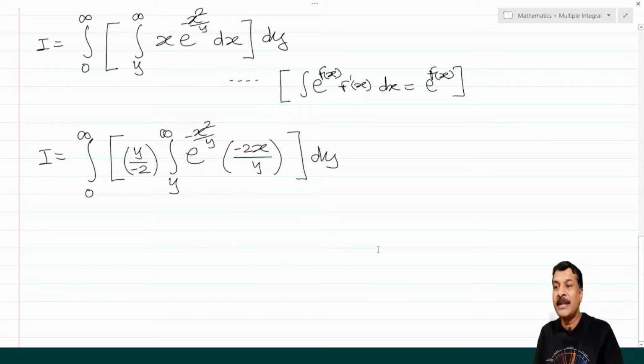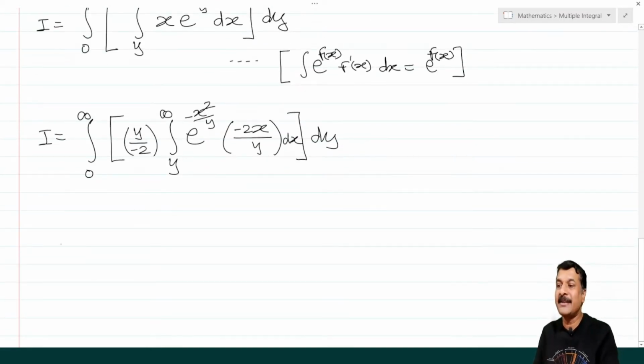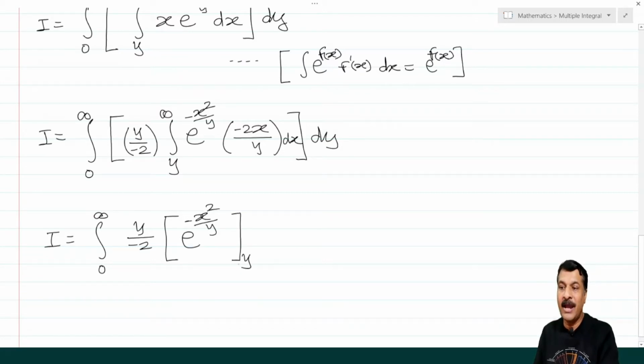Now we have e raised to f of x with its derivative present, with respect to x. By using the standard integration formula, I am getting integration 0 to infinity, y by minus 2 as it is outside, and e raised to f of x, means minus x square by y, with lower limit y and upper limit infinity, into dy.